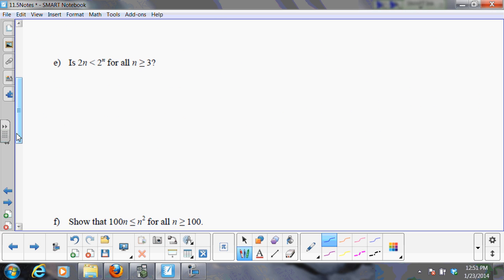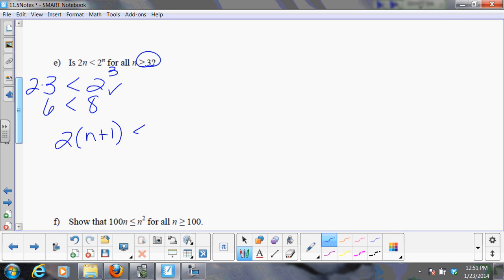All right, now these are a little different. It says, is 2n less than 2 to the n for all n greater than or equal to 3? Well, what we first are going to do is plug in the first term. Now, it gives us a condition. We have to be greater than or equal to 3, so we're going to plug 3 in. Well, this side is 6, this side is 8, so yes, that's true. Now we're going to plug n plus 1s in. So this side is 2n plus 2.